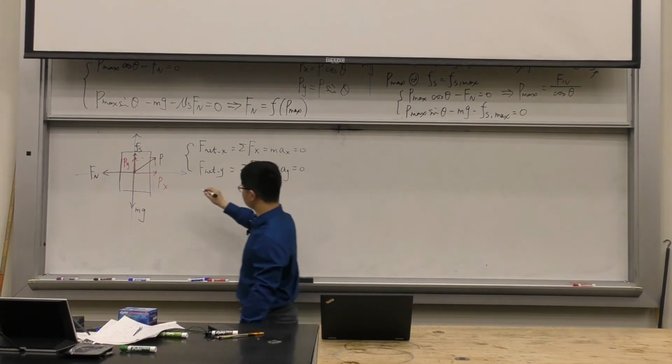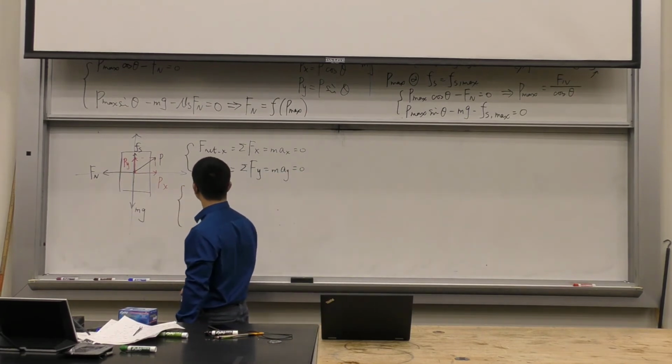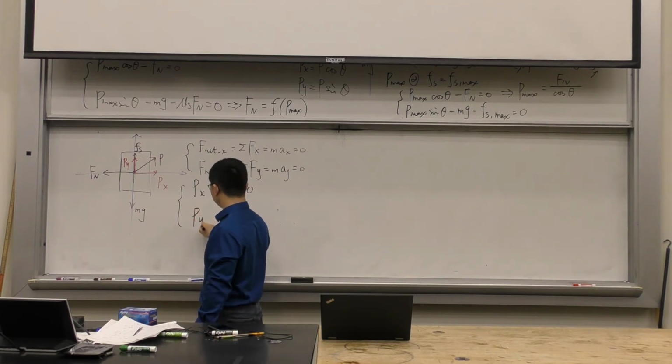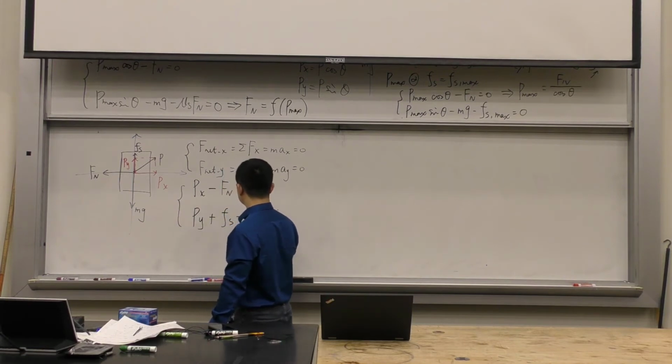Now, let's finish this. So we're going to do this, right? So in x direction, you're going to have Px component minus Fn equals 0. So this doesn't change, right? And then Py plus Fs minus Fg equals 0.